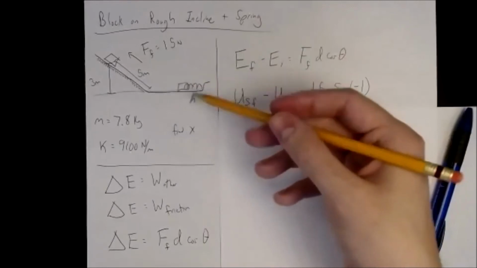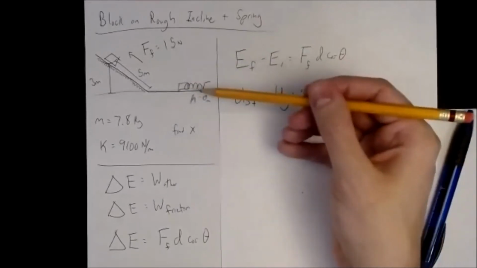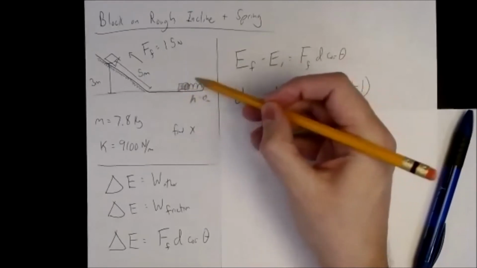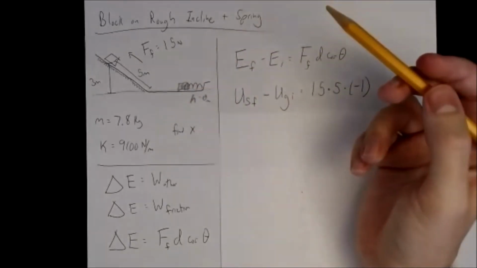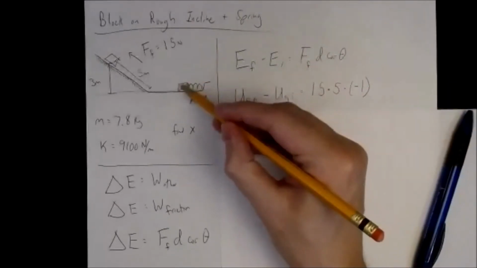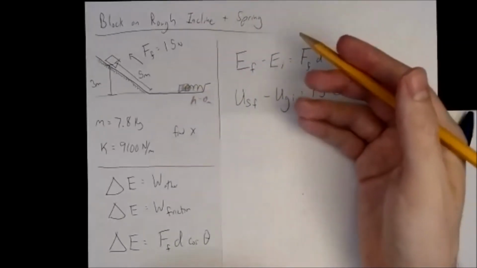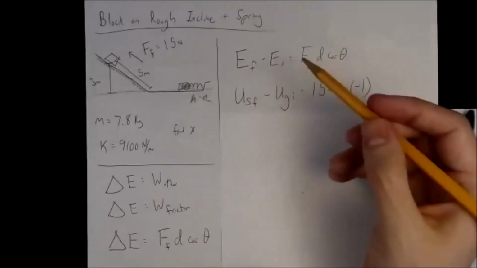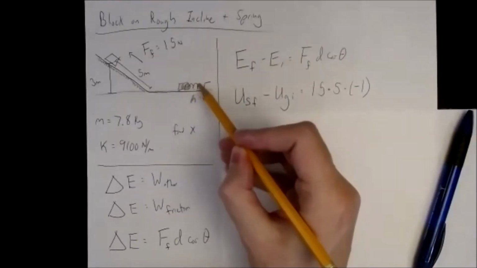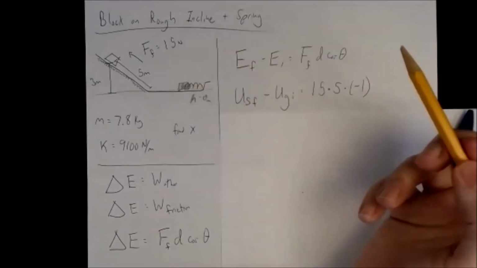Then there's no potential energy. There's no gravitational potential energy for that block or that spring at the end of the problem. There's no kinetic energy at the end of the problem because the block has compressed the spring by the maximum amount that it will. There's only spring energy at the end of the problem.